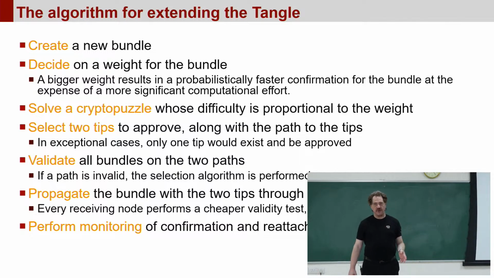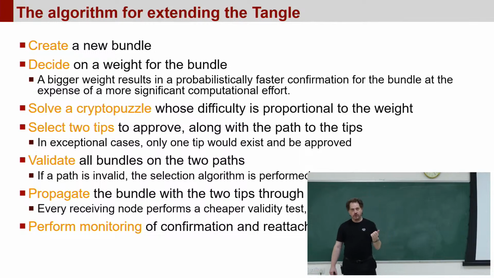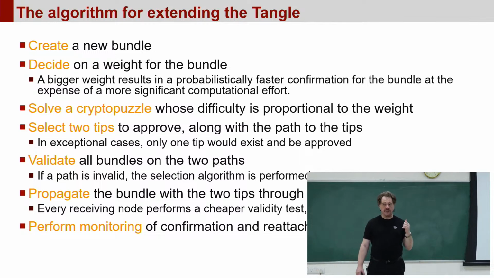So what does it mean, correctness of transaction? Well, it means, of course, that they're structurally formed in a correct way. But it also means that there is no double spending.